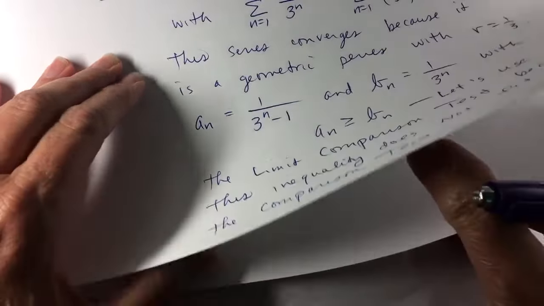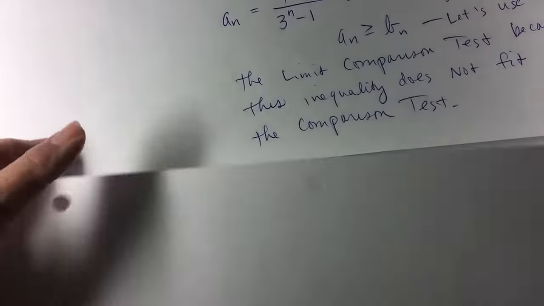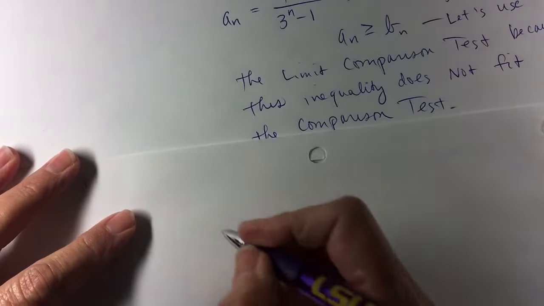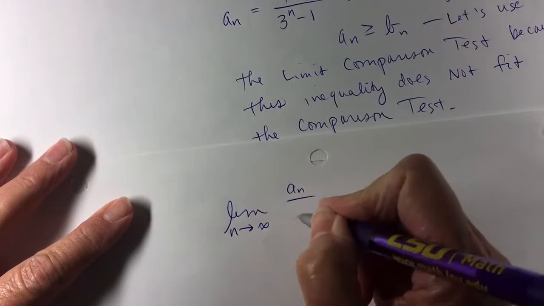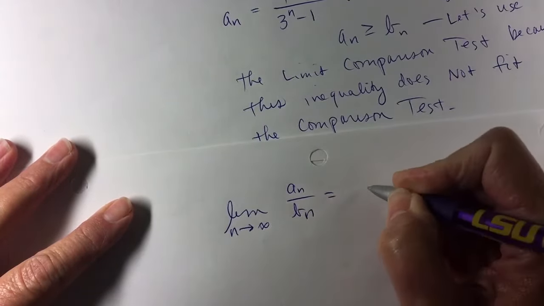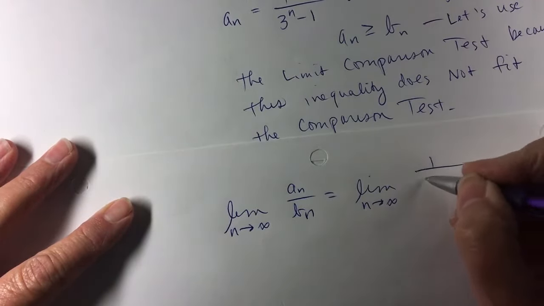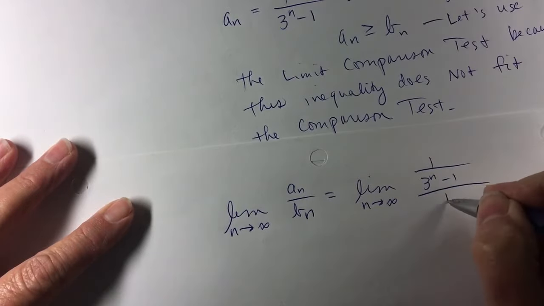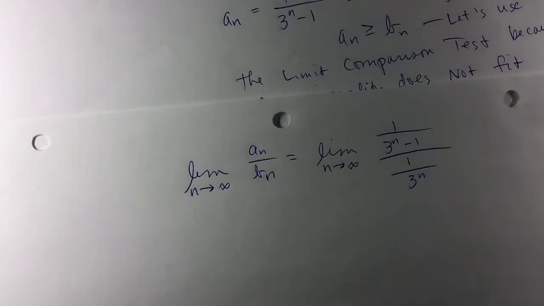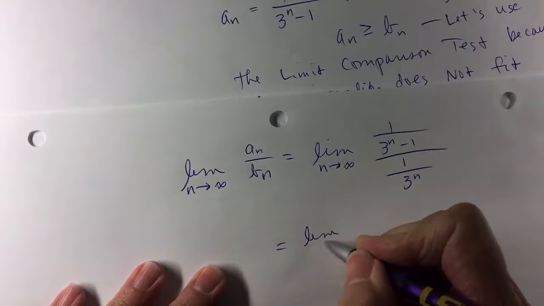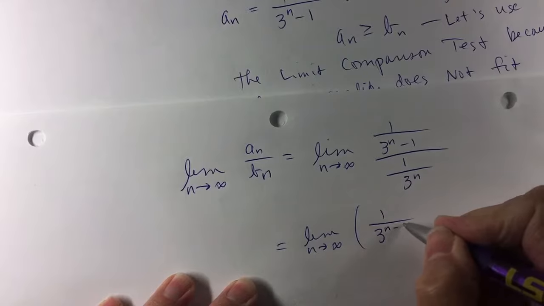So, for the limit comparison test, I need to find the limit as n approaches infinity of A sub n over B sub n, and that's the limit as n approaches infinity of 1 over 3 to the n minus 1 over 1 over 3 to the n. Well, this is division of two fractions.